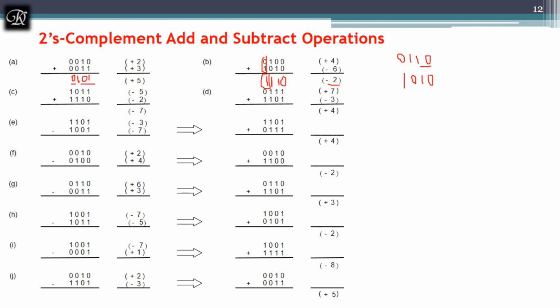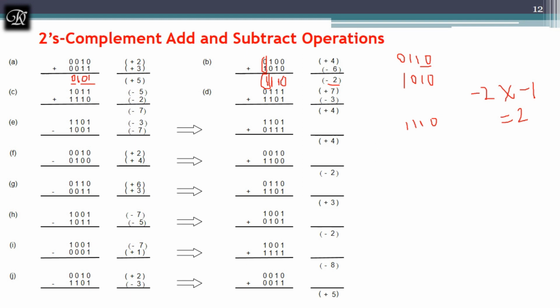How to check whether this is minus 2? Let's convert this again, 1 1 1 0, back to positive. It means what I am doing is negative 2 into negative 1. What is the answer? It will be positive 2, right? So now I am applying 2's complement again on this.